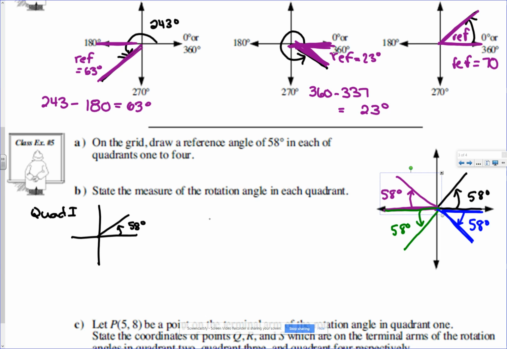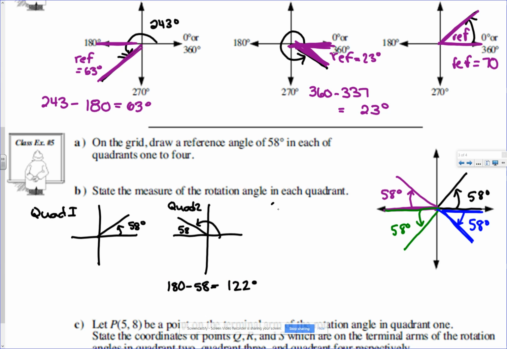In quadrant 2, I had that angle there, but I want this measurement right here. So to find my standard angle in quadrant 2, I would go 180 minus 58 because that's 58 off the 180 line. And that gives me a standard angle of 122 degrees.